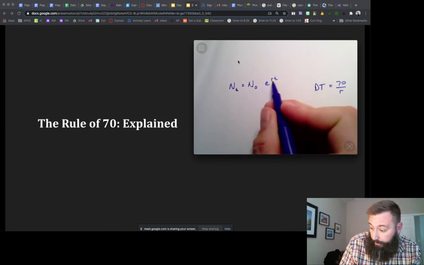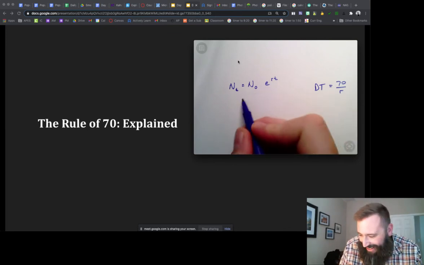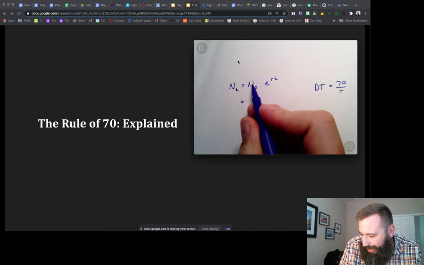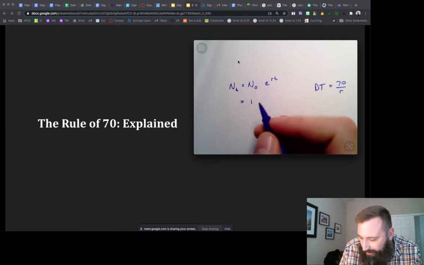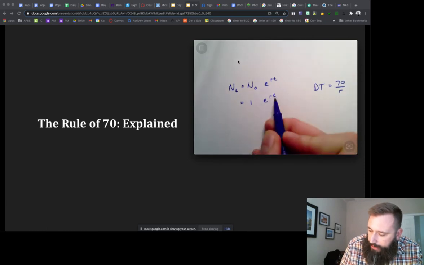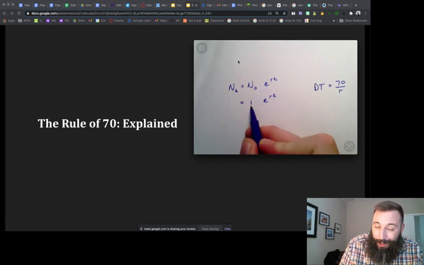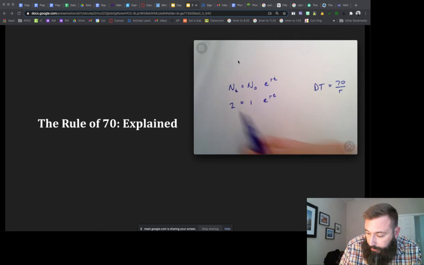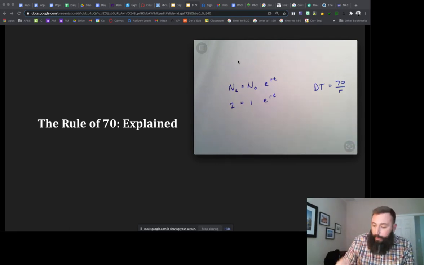Solve for, well, RT. Let's pretend we've got a population size of 1, e to the RT. How long will it take t to go from a population of 1 to double, to 2? Remember how to do this.